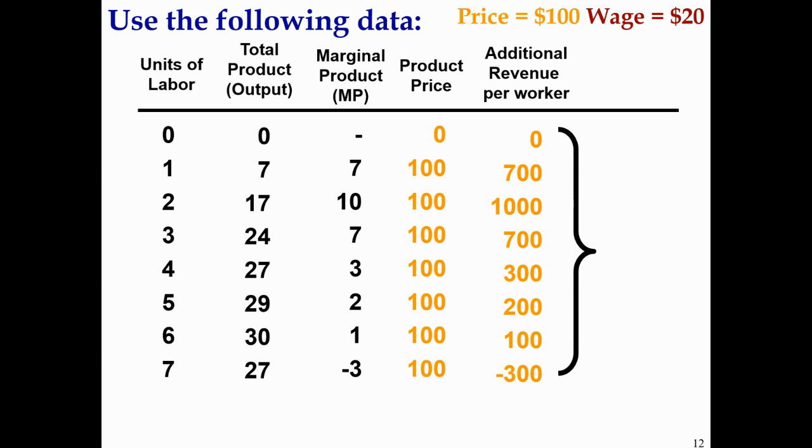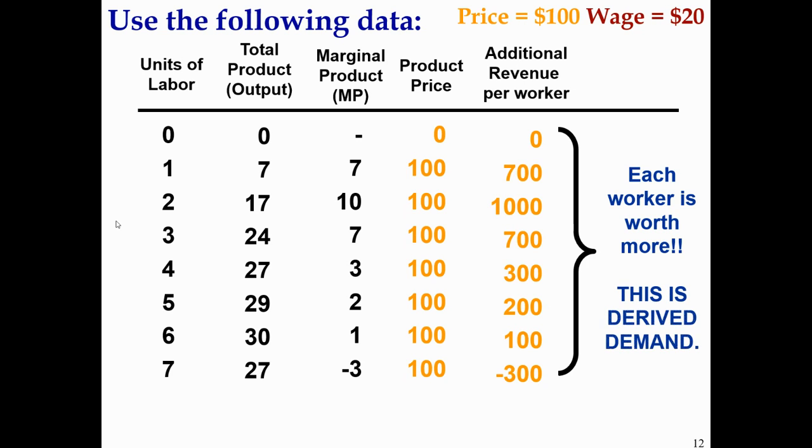Which means that my workers are now worth more. Each additional worker is worth more. And that's why my demand will shift to the right. This is the derived demand we were talking about last class.